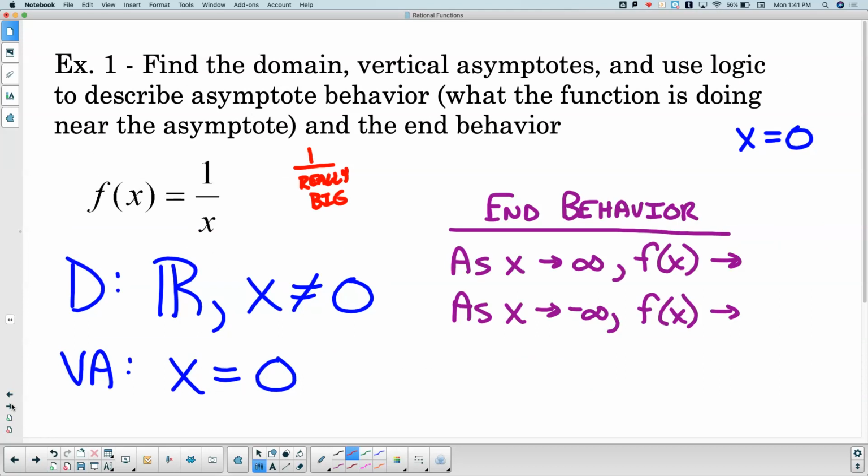So this one's going to go to 0. Now my question is, if I send it to positive infinity, 1 divided by positive infinity is going to be what? Positive 0 or negative 0?